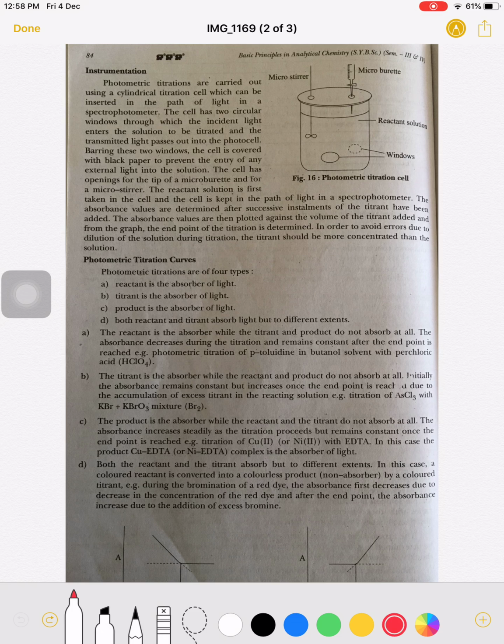The third: if the product which is forming during the reaction absorbs the light radiation only, then the titration curve is also different. And the last one: if both the reactant and titrant absorb the light but to different extents, then in that case also different photometric titration curves are possible.